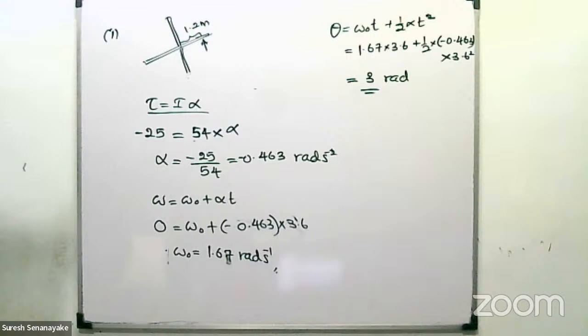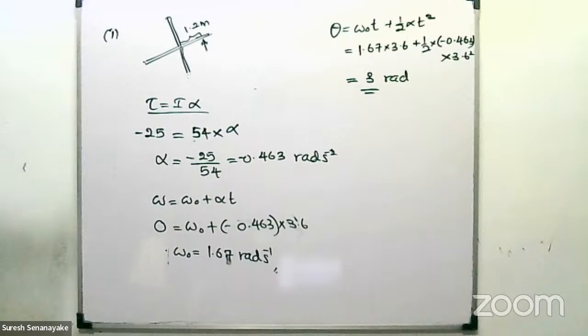The acceleration is less now because the torque applied by the force is reduced from the previous value. So that's why you can say the angular acceleration will be reduced.